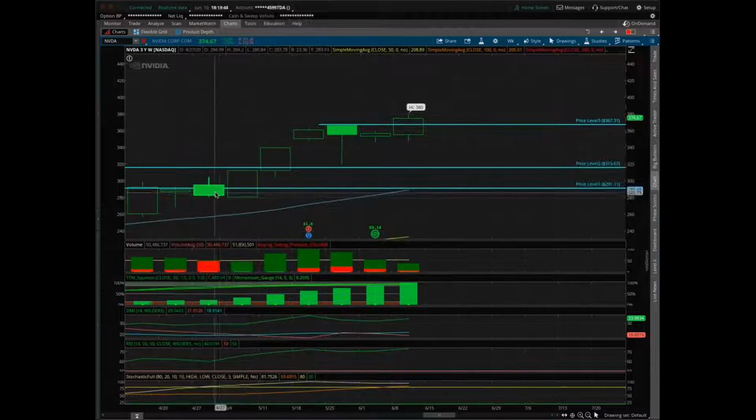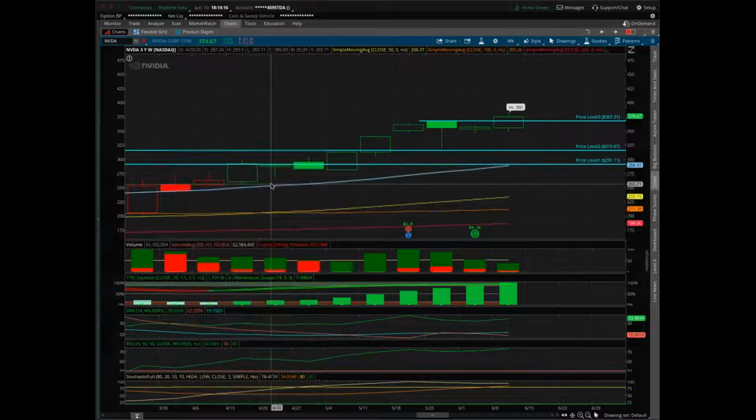The low of the trend is actually this candle here. Why is that the low of the trend? Because this low here is 280.84. Okay, so this one is lower by 4 cents. It looks like this one's lower, but I guess that wick pops out just a little bit.